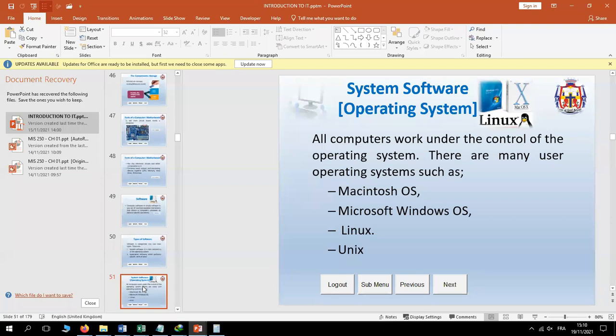They think that all operating systems must be Windows, and that all computers must have Windows for them to work, which is not true. You will find, gentlemen and ladies, that Windows is just one of the operating systems we have.